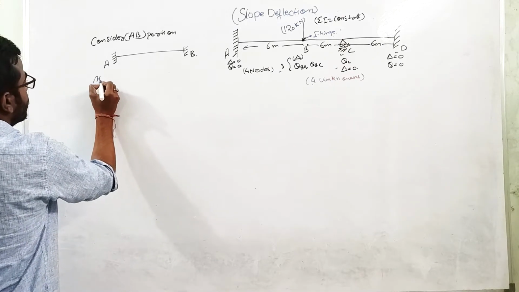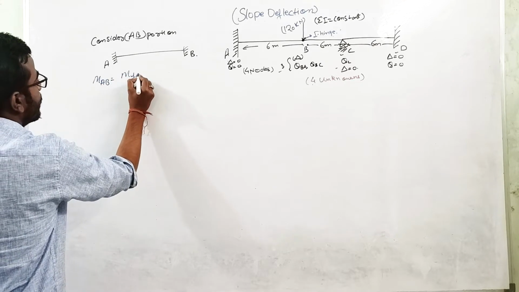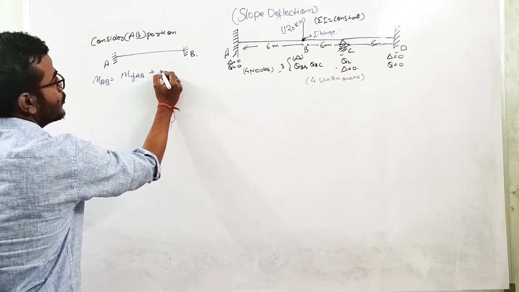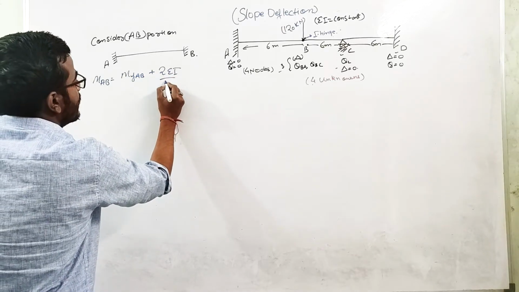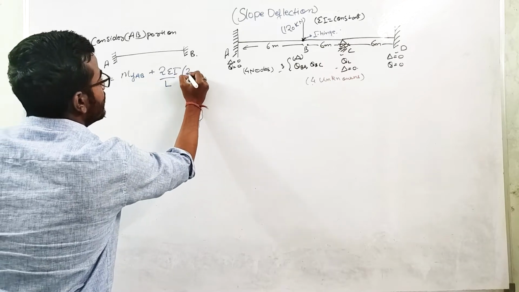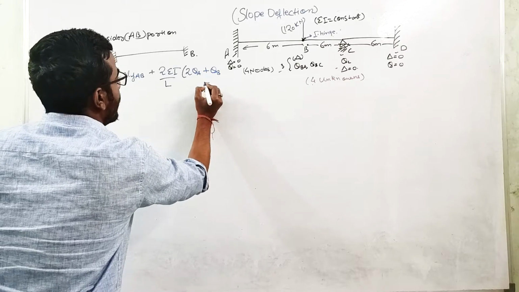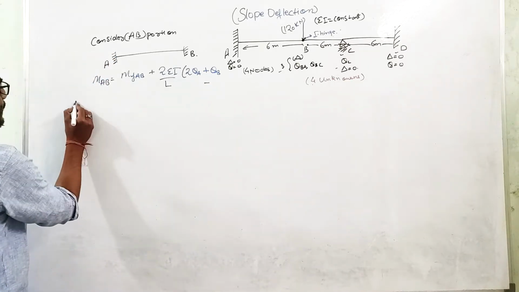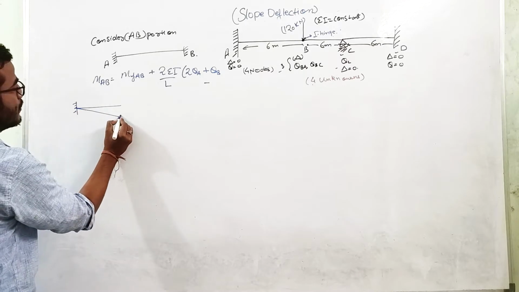I can write M AB equals M F AB plus 2EI over L times twice theta A plus theta B minus, now you can see that this portion will come down.